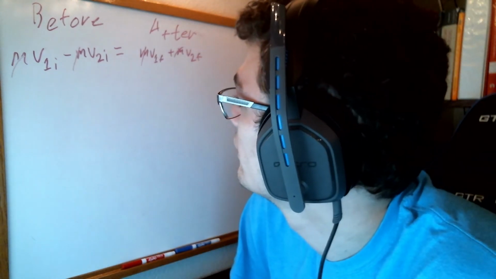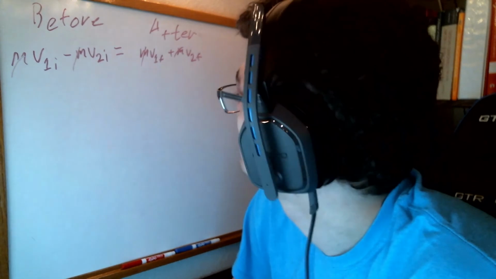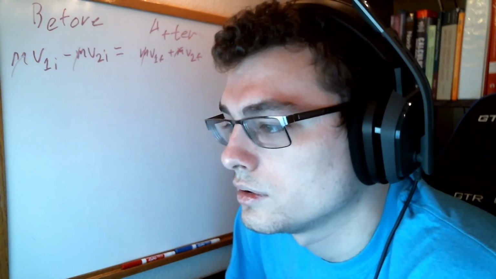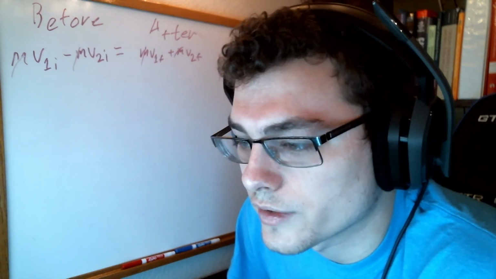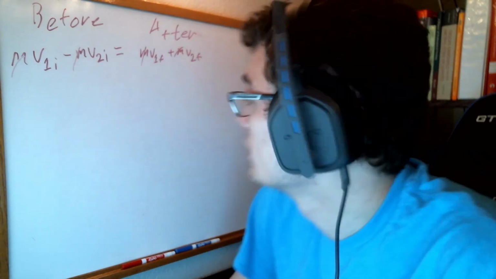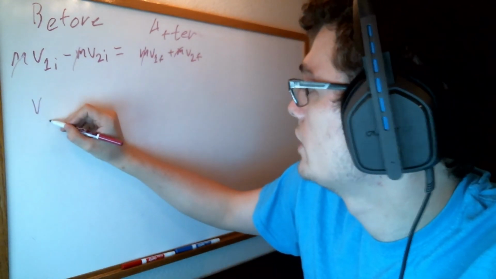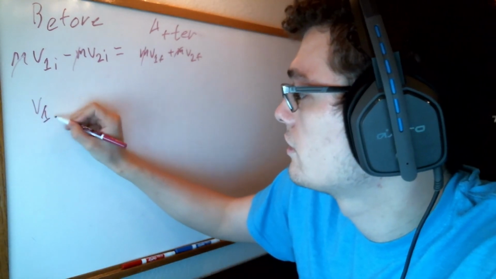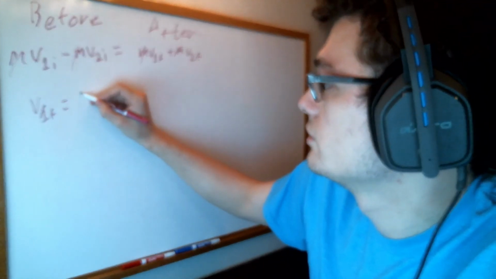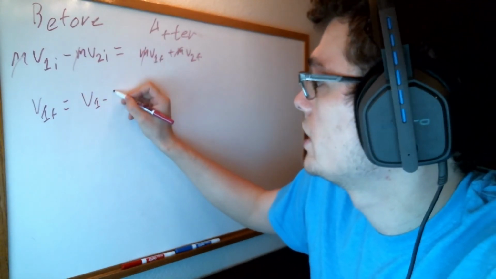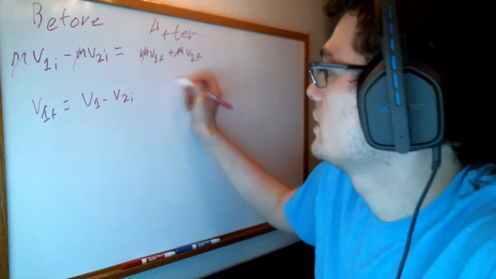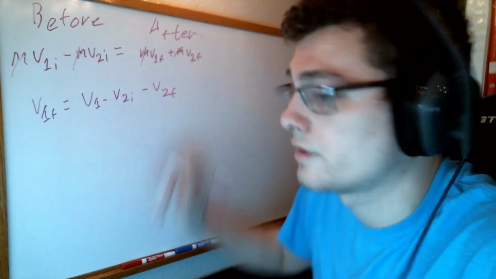And then we can start to solve this problem. If we're solving for V1, we'll have V1F is going to be equal to V1I minus V2I minus V2F.